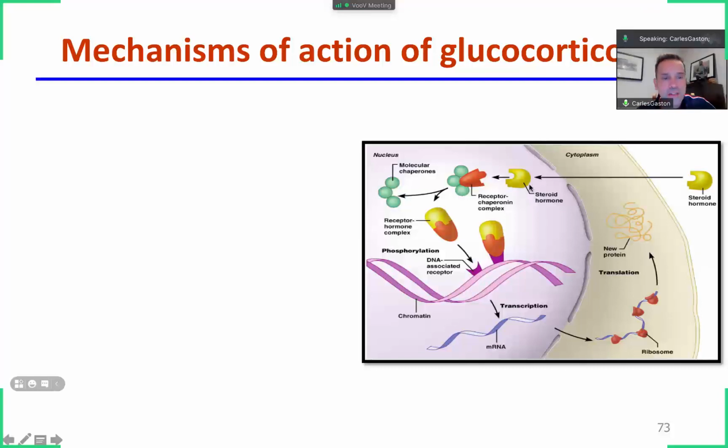So they go inside of the cell and then meet inside of the cell a receptor for this steroid hormone. This is an internal receptor that can be found either in the nucleus or in the cytoplasm. Then this receptor co-binds to chaperones, and the receptor complex between the steroid hormone and the receptor binds to the DNA, and in the DNA acts as a fast transcriptional activator and transcribes certain important genes.